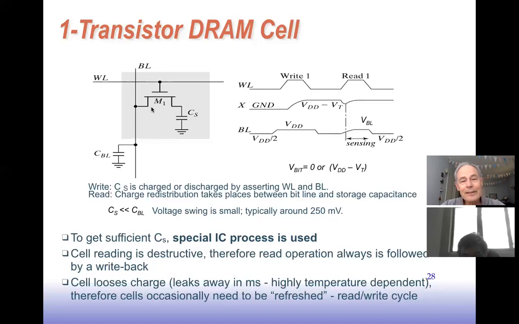Now, reading is tricky with this cell because we don't have an active device to help do the read like we had in the 6T SRAM cell and the 3T DRAM cell. So we rely on a charge sharing principle, okay? And the way that works is we'll typically pre-charge the bit line to around VDD over 2, about halfway, and then turn on the word line.